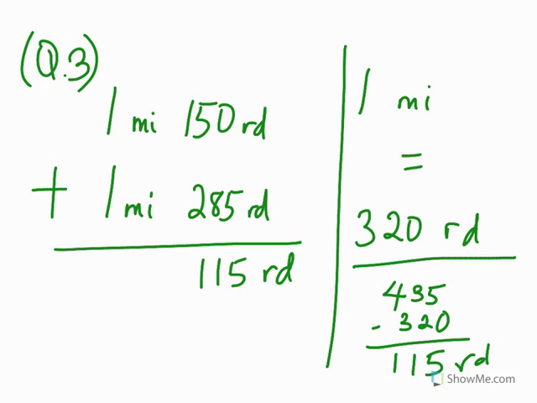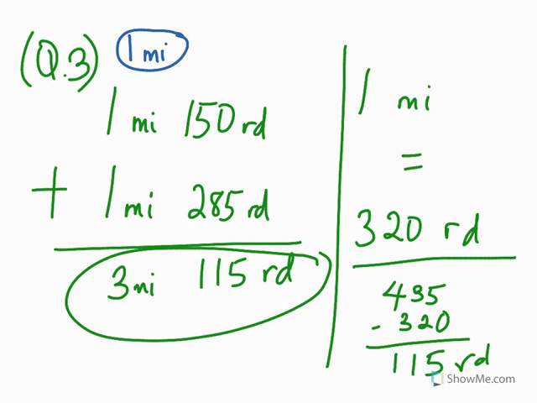Then this 320 rod that you subtracted is actually 1 mile, which you now have to add to this as well. And when you now add it, it gives you 3 miles. Okay, and this becomes your answer.